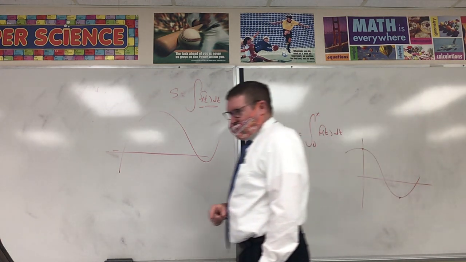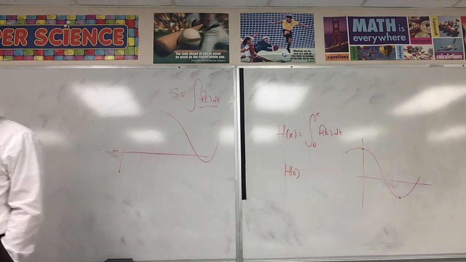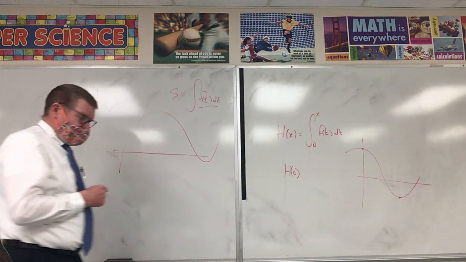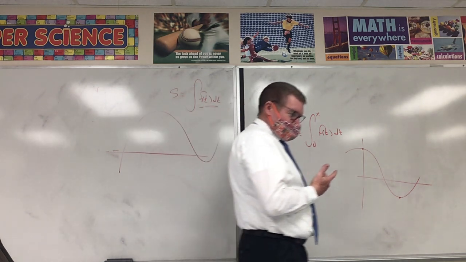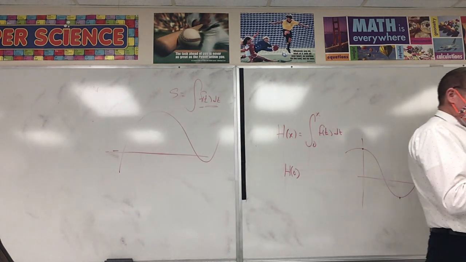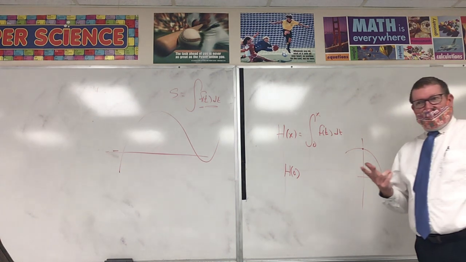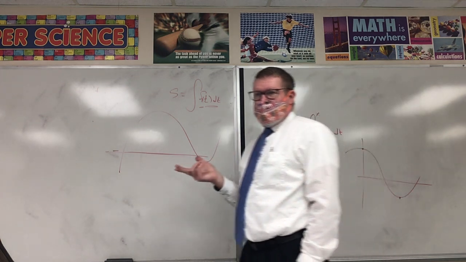Okay, so where am I moving toward the origin? So from 0 to 3. Okay, so let's think about this. Where did I start? That's a good question. Where would you assume the particle started?